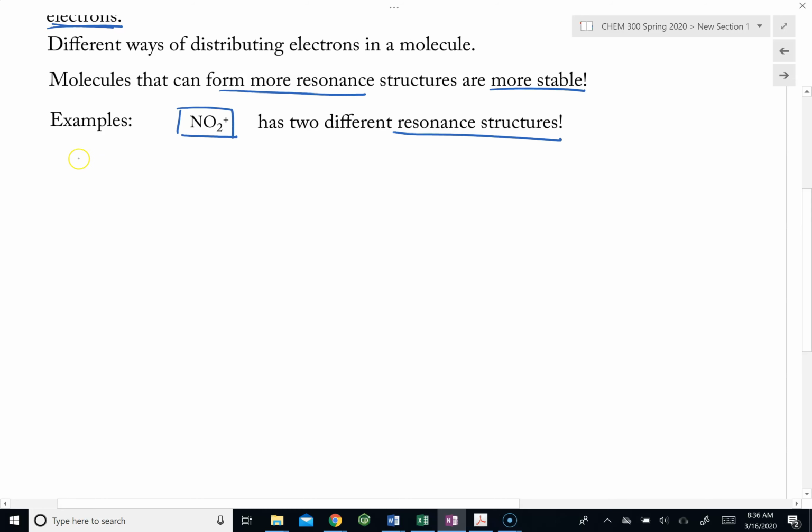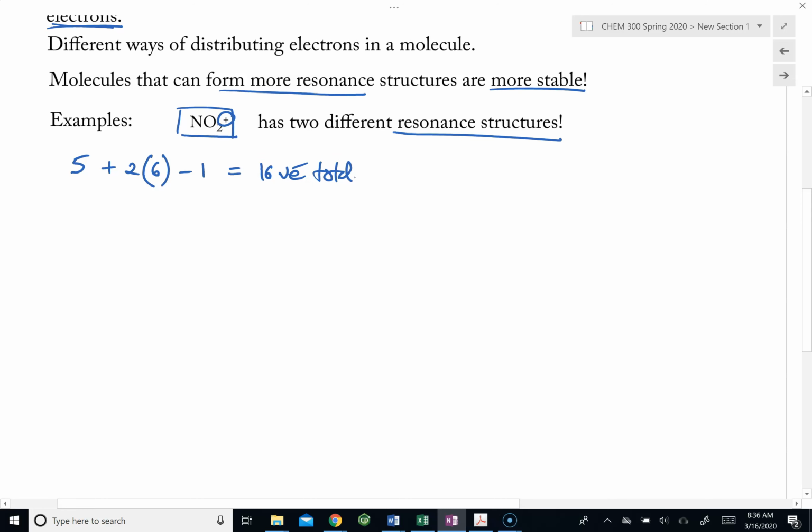Here we have one nitrogen, and nitrogen has 5 valence electrons. And we have 2 oxygens, and each oxygen has 6 valence electrons. And we do not forget to subtract 1 because of the positive 1 charge. So we would then have 16 valence electrons altogether.